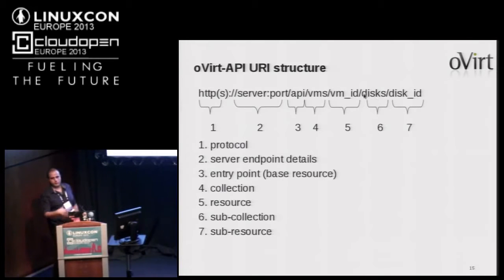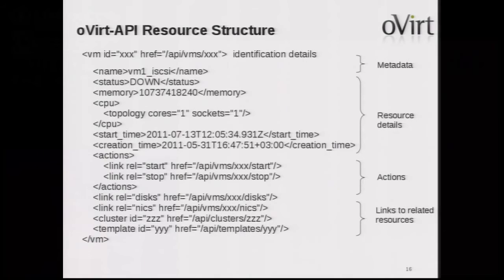A VM has disks, so the disks are a sub-collection at the VM inside the specific VM. And there you can access a specific disk, and it can go on according to the collections and sub-collections you have. So that's the structure of the URI. It's usually like that in REST applications. You have a collection, a resource, a sub-collection, a resource in that, and that's practically it.